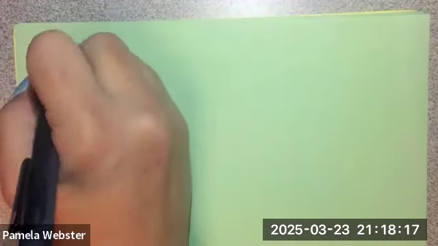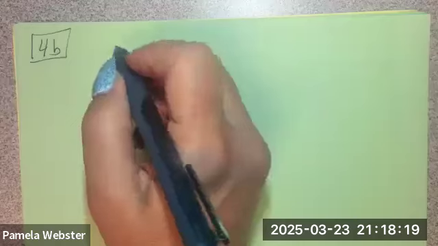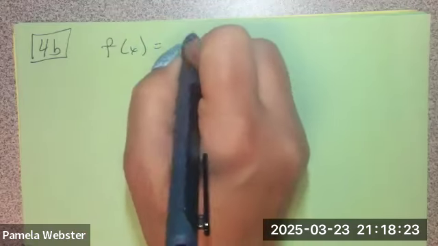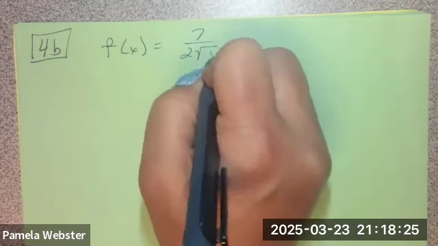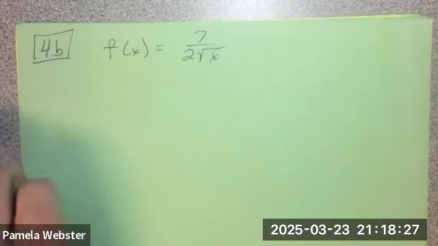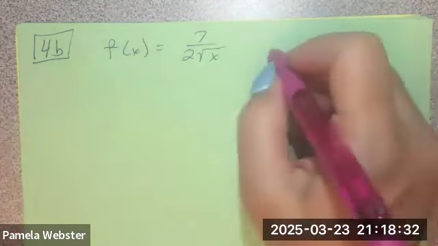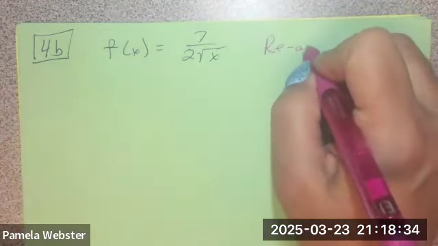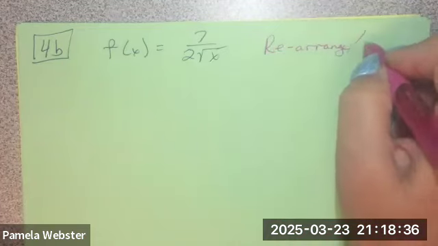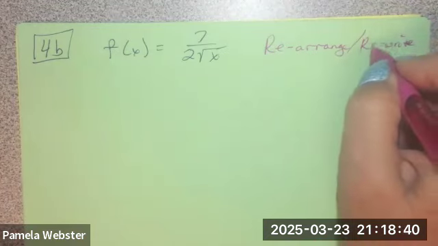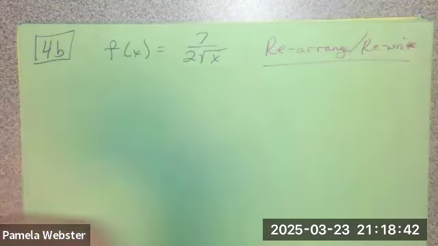4B. f of x equals 7 over 2 square roots of x. Again, notice that this looks yucky. I don't like it. I'm going to rewrite or rearrange it.